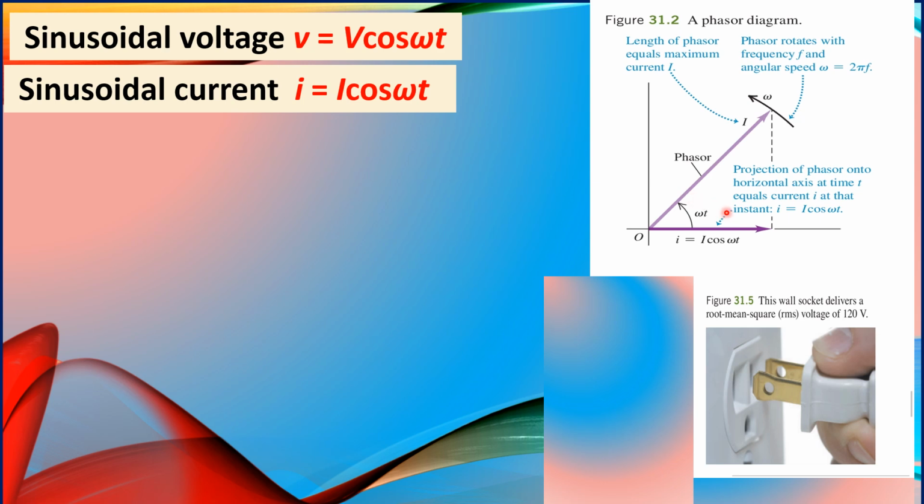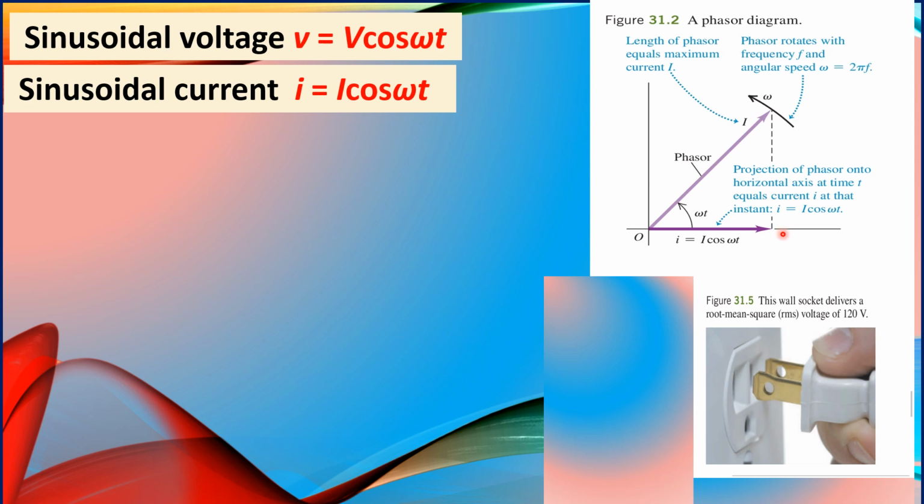Now, why is it cosine? It is because the projection of the phasor onto the horizontal axis at time t is represented by this arrow along the horizontal or x-axis.